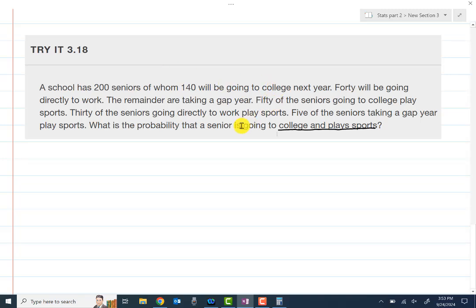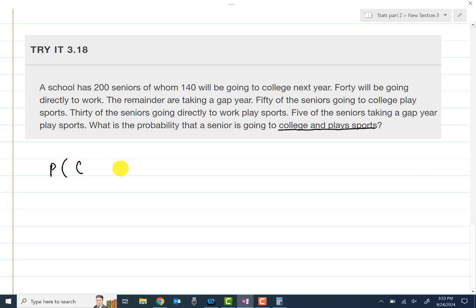And then they give you information about students who are playing sports as well. So we've got 50 are going to college and they're going to play sports. 30 seniors are playing sports, but they're going to go work. And then finally, 5 of the seniors taking a gap year play sports. So the question is asking us, what's the probability that they are going to college and play sports?